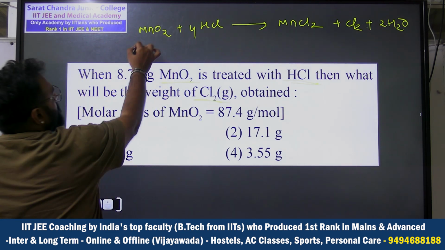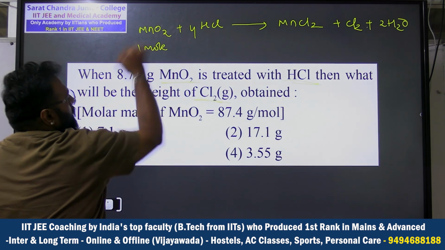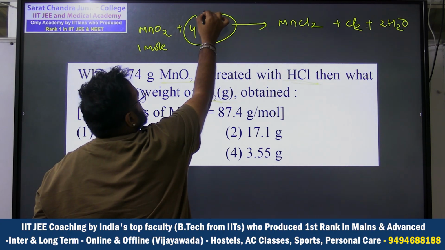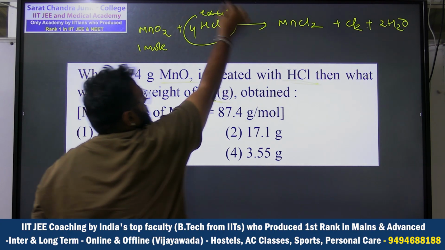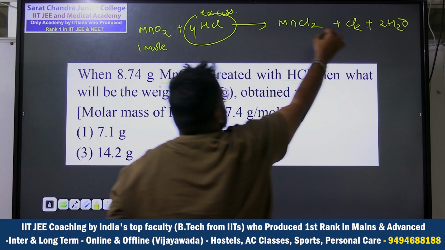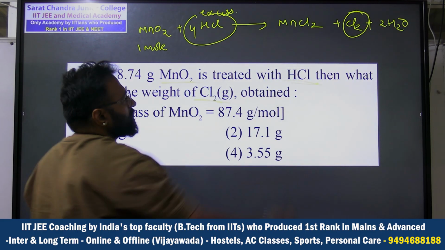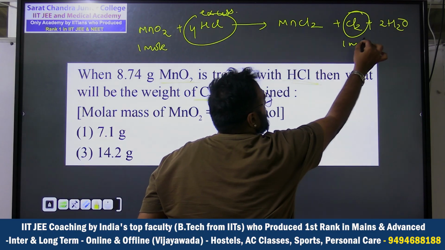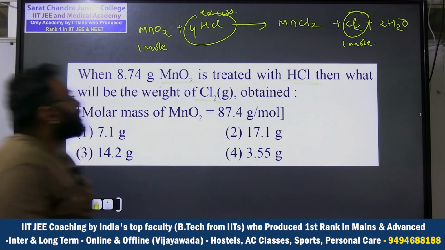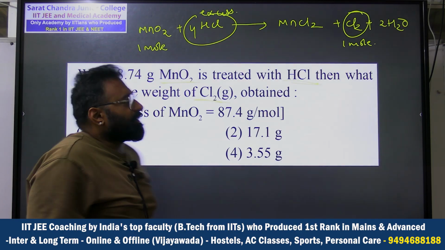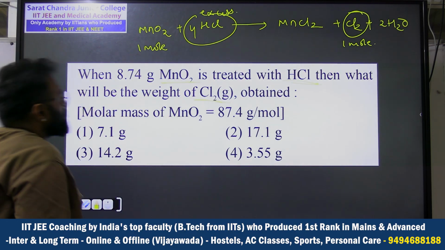So 1 mole, and over here HCl is given in excess, and we need the weight of Cl2. So 1 mole of MnO2 produces 1 mole of chlorine gas.